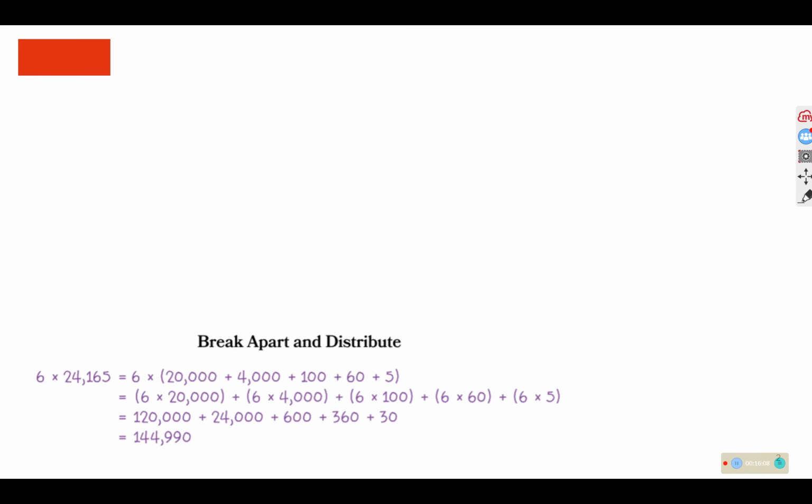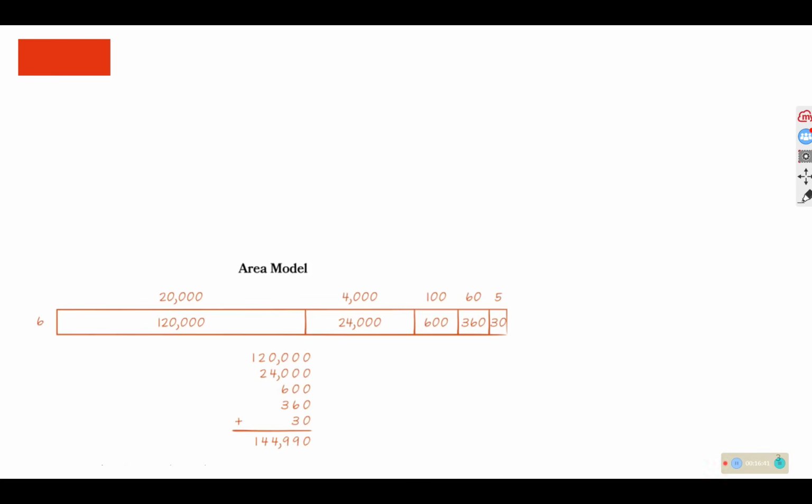So we have 6 times 20,000 is 120,000. 6 times 4,000 is 24,000. 6 times 100 is 600. 6 times 60 is 360. And 6 times 5 is 30. So they added all of those pieces together and got 144,990 breaths.